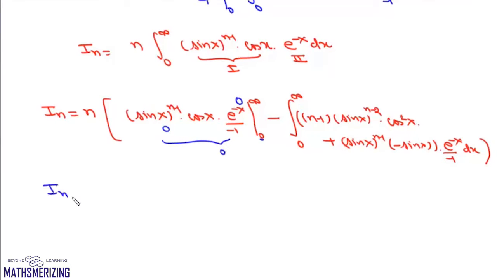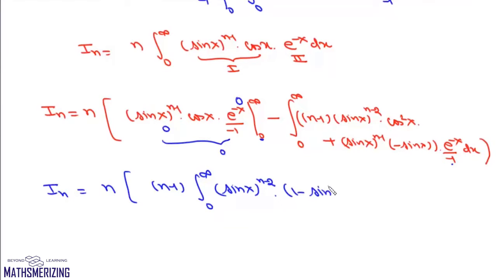So we can write this I_n as n, and then minus and minus will be plus this integral n minus 1, 0 to infinity sin x to the power n minus 2, and cos square x we can write as 1 minus sin square x, into e to the power minus x dx, and minus 0 to infinity sin x to the power n e to the power minus x dx.